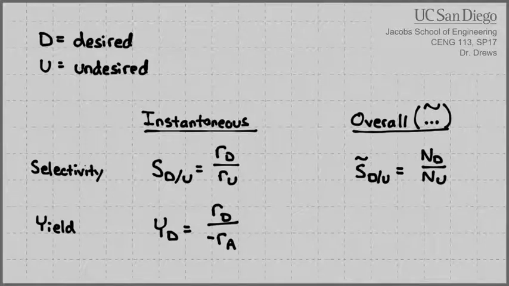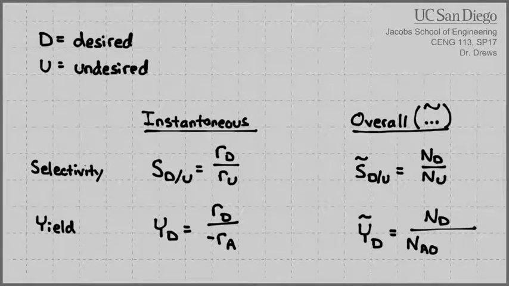If I'm trying to crack a hydrocarbon, then maybe A is whatever hydrocarbon I started with, and D is the hydrocarbon I want to finish with. A is that typical floating definition of whatever happens to be the important species. And the overall yield of D is the moles of D that we finish with over the moles of A that we reacted.